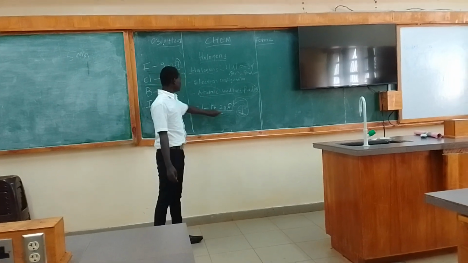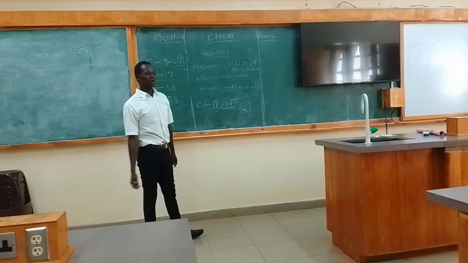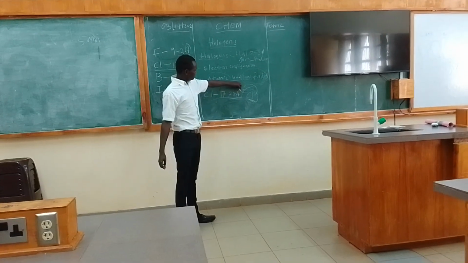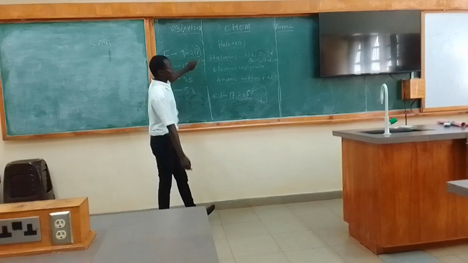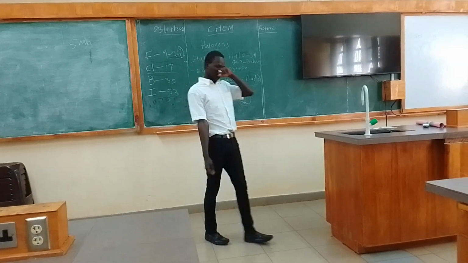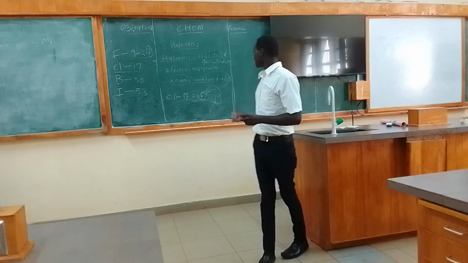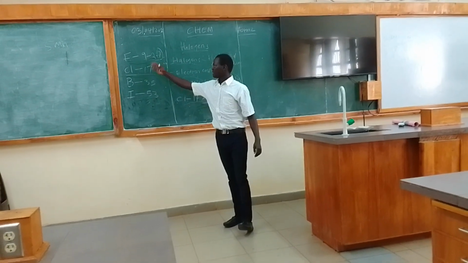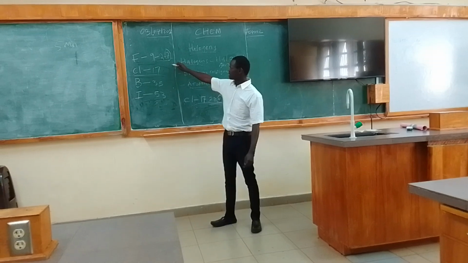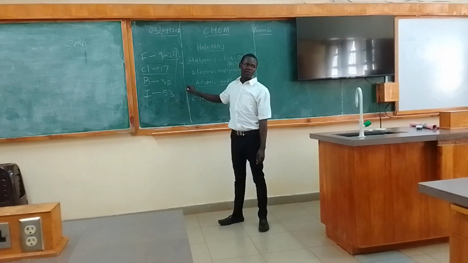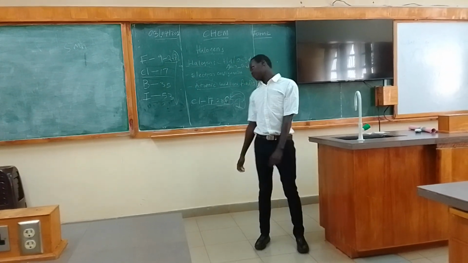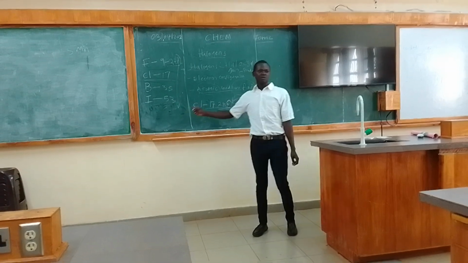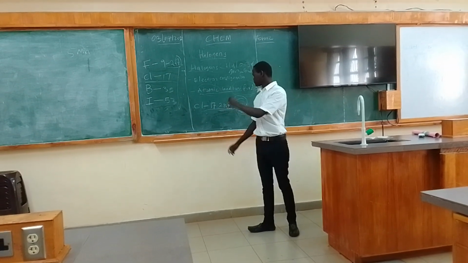We wrote them down here. We said that all halogens have 7 valence electrons. Valence electrons are the electrons occupying the outermost energy levels. We also looked at the atomic radius of the halogens. We said that the atomic radius increases down the group due to addition of occupied electron shells.